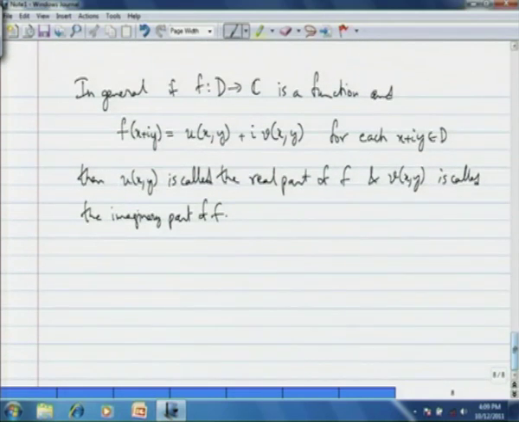Notice that u can be construed as a real valued function of two real variables.